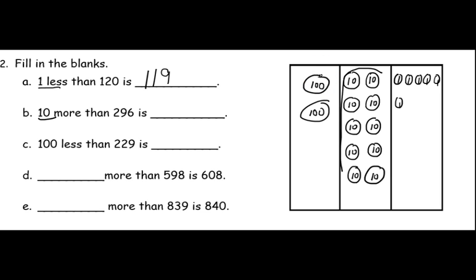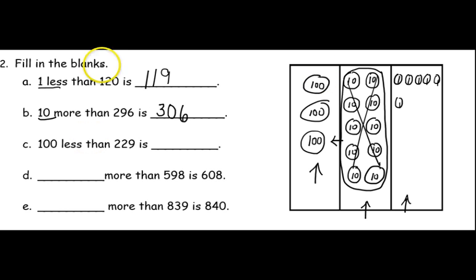And I can bundle those and trade them in for 100. That means the answer to 10 more than 296 is 3 hundreds, 0 tens, since we bundled all of them and moved them over, and 6 ones. 10 more than 296 is 306.